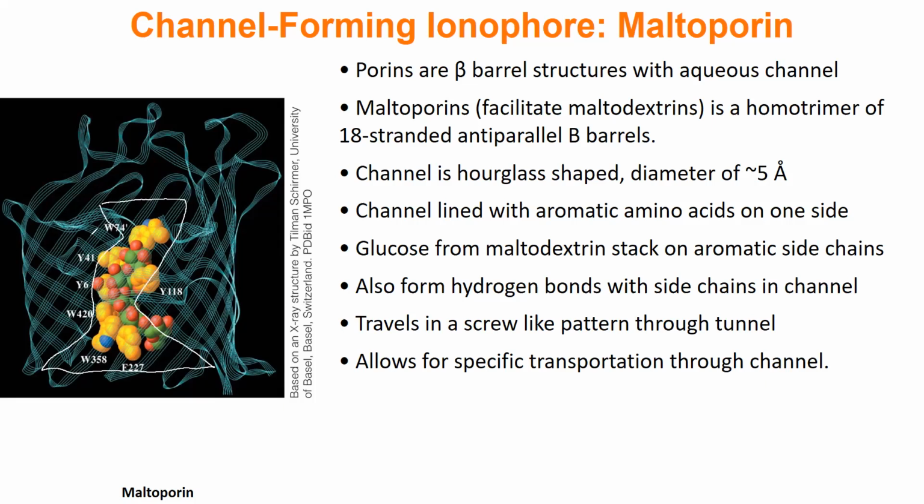So that is kind of what the channel looks like. And inside the channel, on the very edges, all these yellow things are your aromatic side chains. And aromatic, if you remember from organic chemistry, just means carbon rings. So you have your tyrosines, your tryptophans, and your phenylalanines.